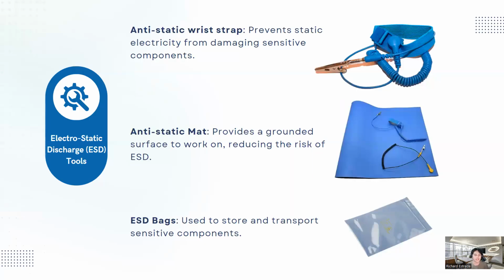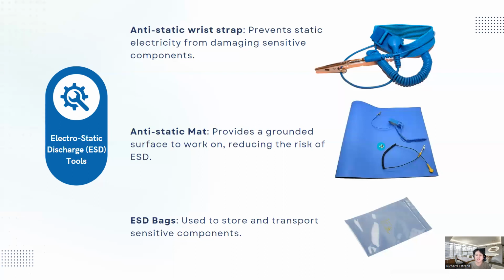So what are these electrostatic discharge tools or ESD tools? We have the anti-static wrist strap. It prevents static electricity from damaging sensitive components. That is how it looks like. And then we also have the anti-static mat.